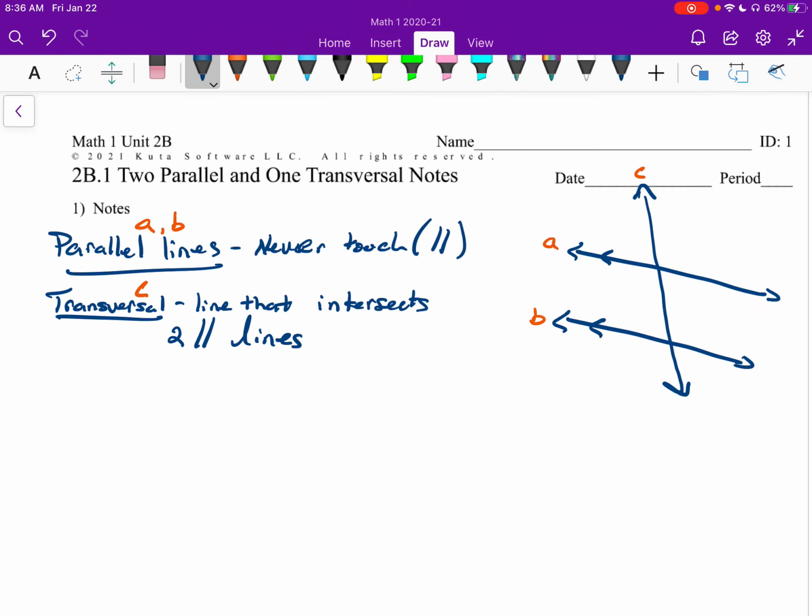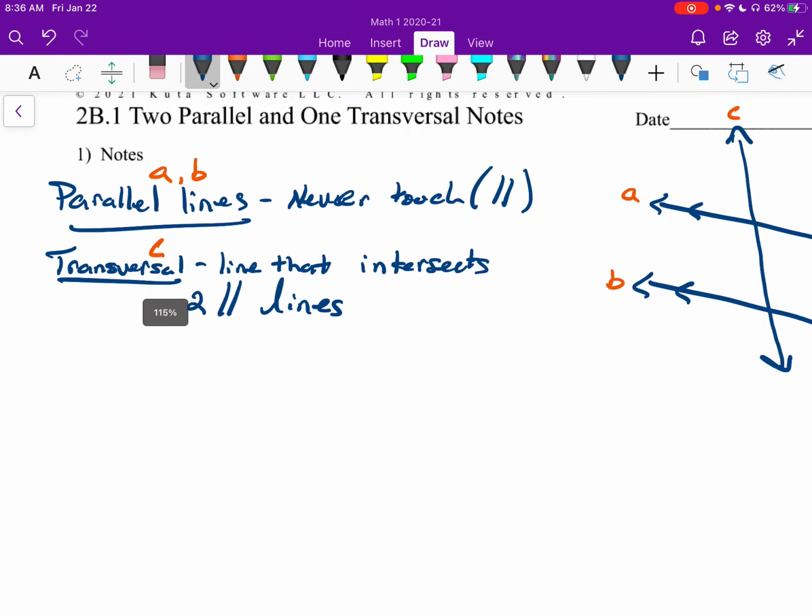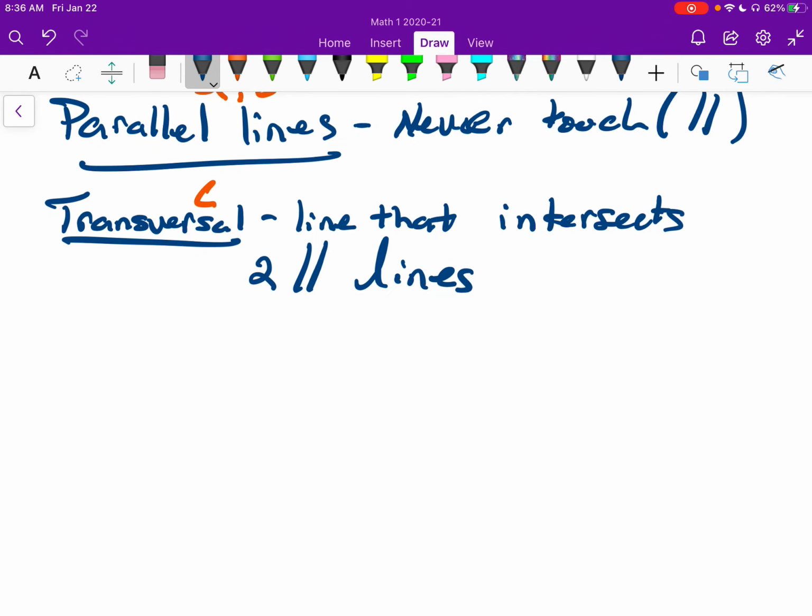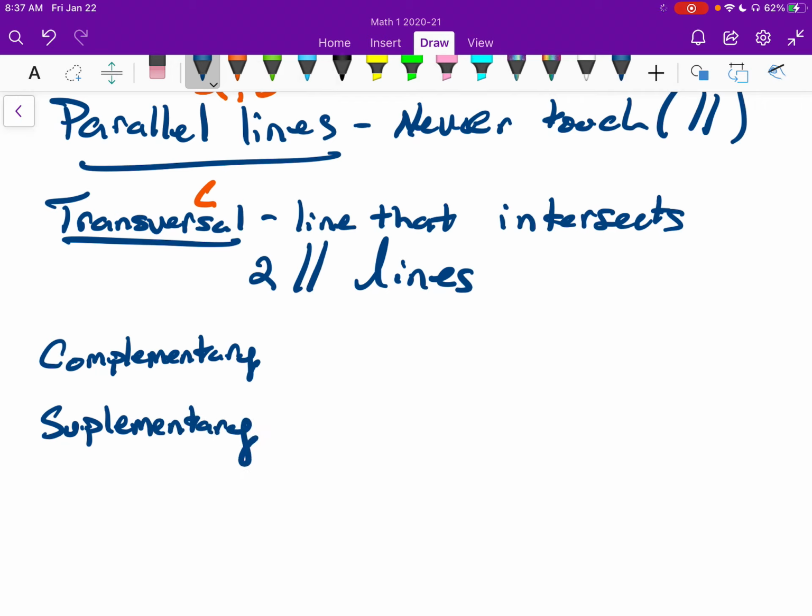All right. These terms might be new, they might be old. I'm not really sure. We have complementary and supplementary. These are always talking about angles. Complementary angles add up to 90 degrees, right?